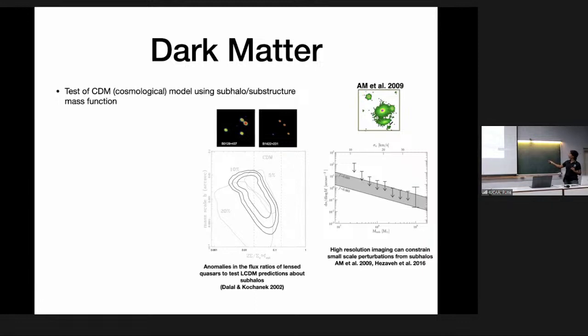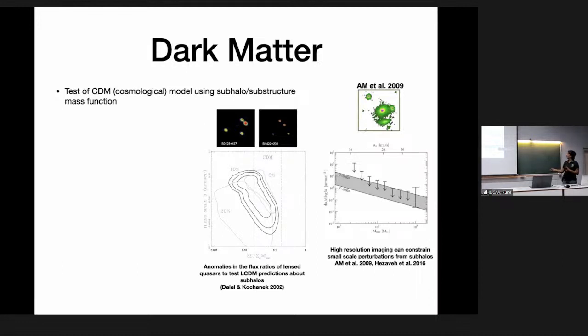There was a substructure very close to a gravitational arc, and by looking at the system in the radio at very high resolution, where you can see lots of features arising from the jet structure in these quasars, we looked at how the image positions of the different features in the jet were perturbed. With that, we were able to put constraints on the abundance of these subhalos.